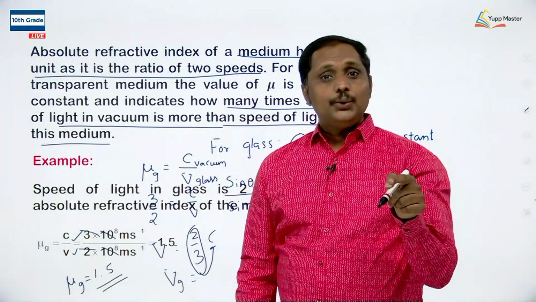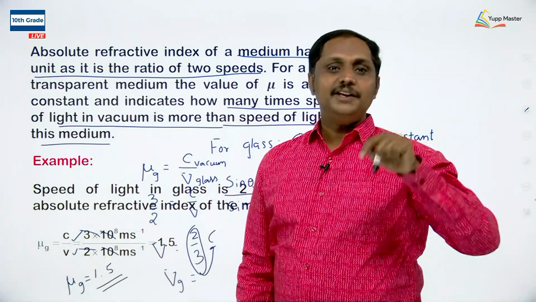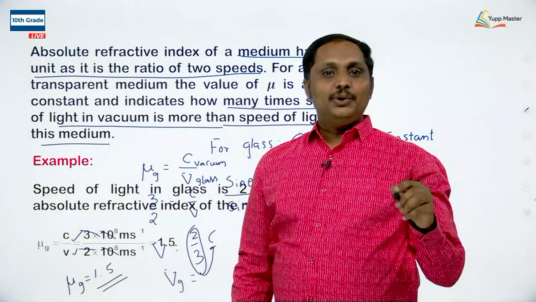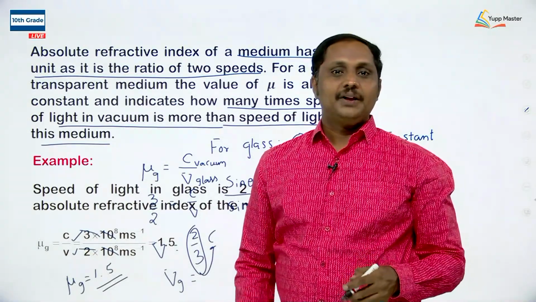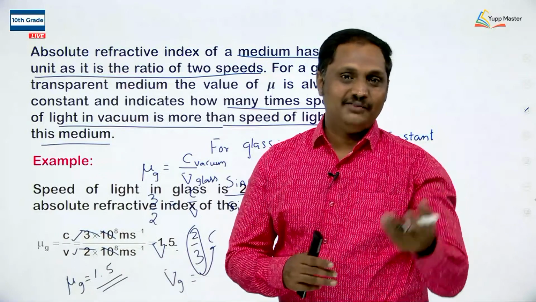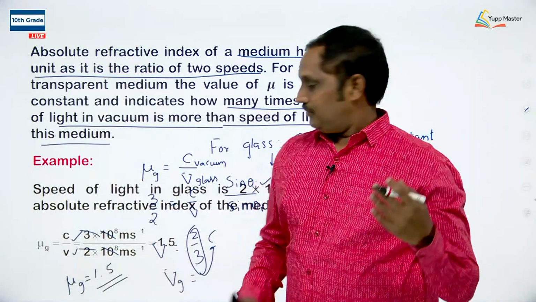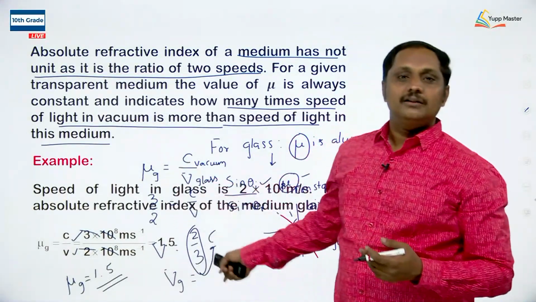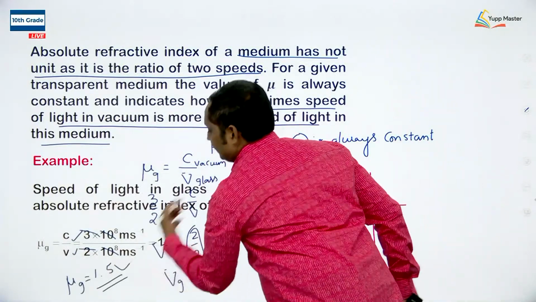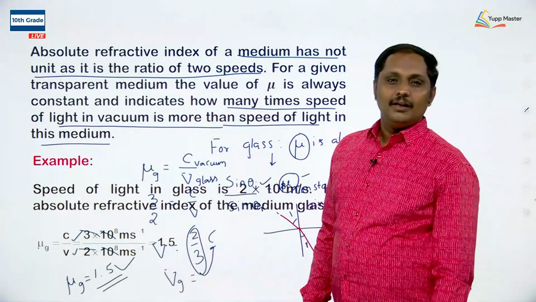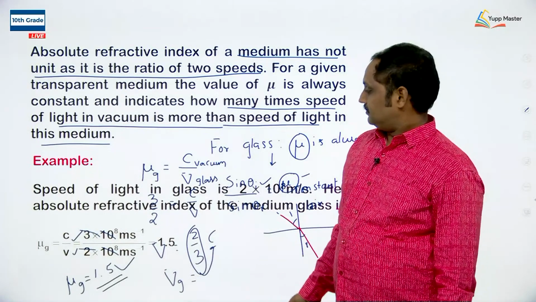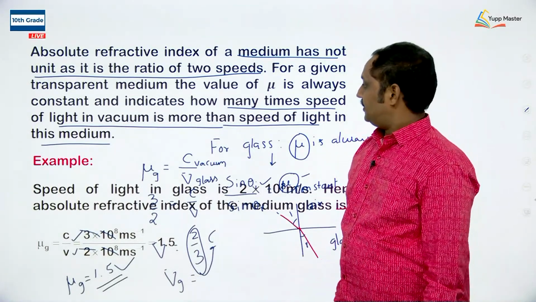If you know the speed of light in that medium, then only you can calculate. Already you know the speed of light in vacuum. So, taking that ratio, easily you will find that. Please have a look.